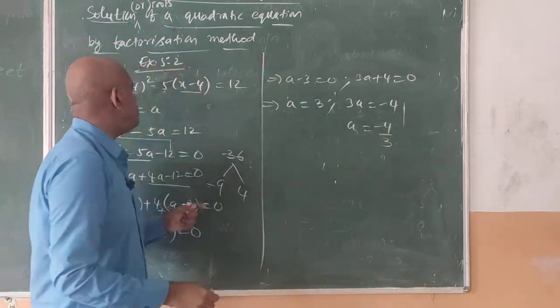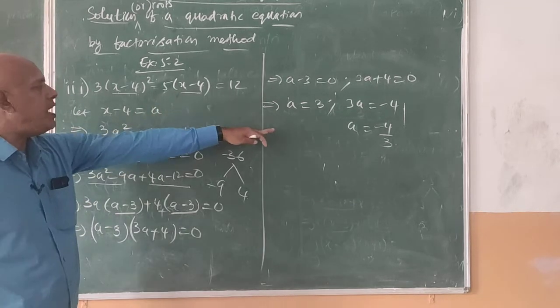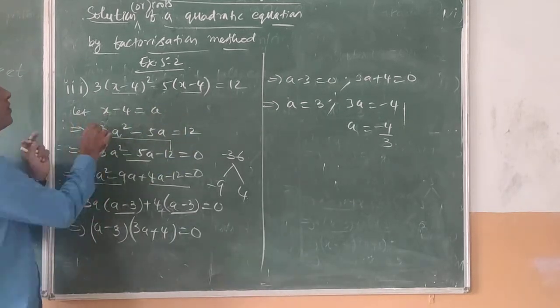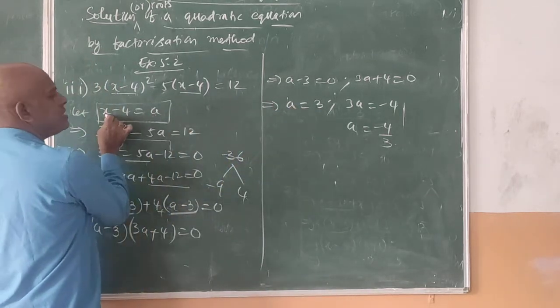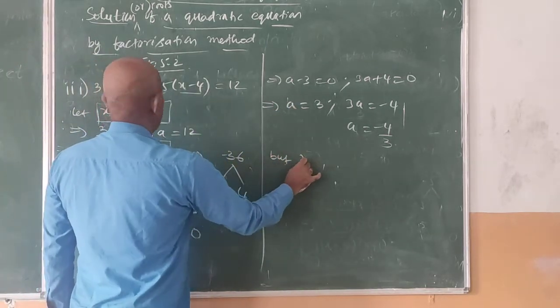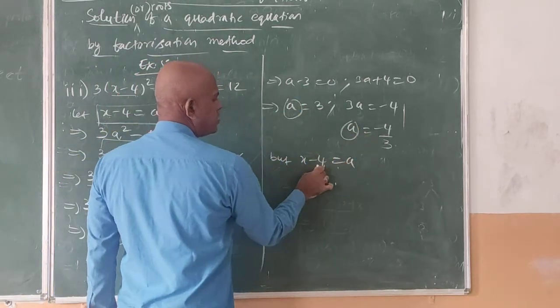But here we actually have to find the value of x, and here we got the value of a. So again we have to replace: x minus 4 is equal to a. In place of a we substitute x minus 4.